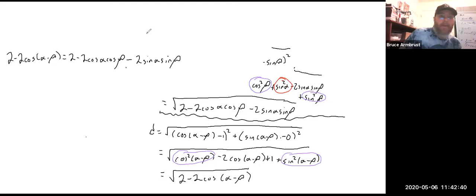And now we get to do a little bit more reduction. So you notice that there's a 2 on each side, so we'll cancel those. And then everything else has a minus 2 on it. So what I'm going to do is divide by negative 2. Right? And as long as I divide everything by the same number, we're good.